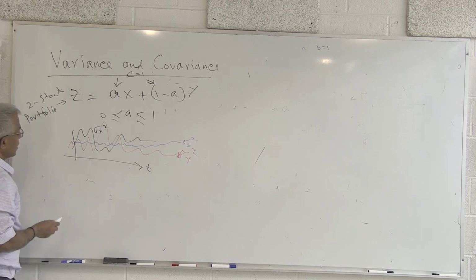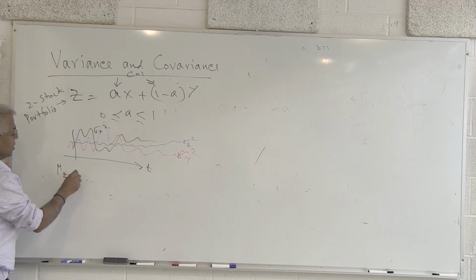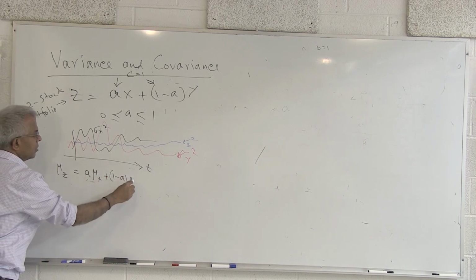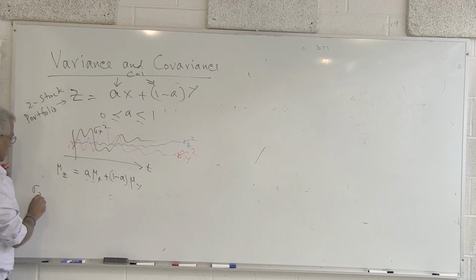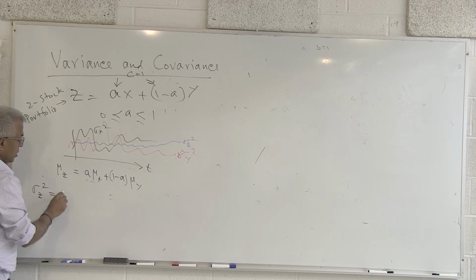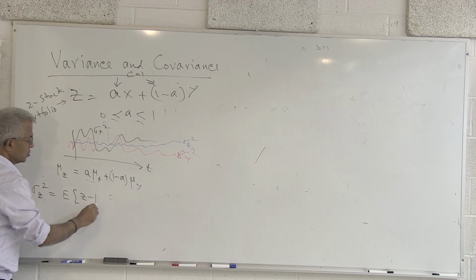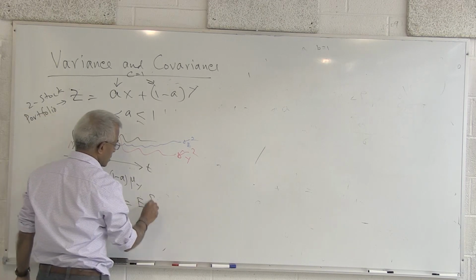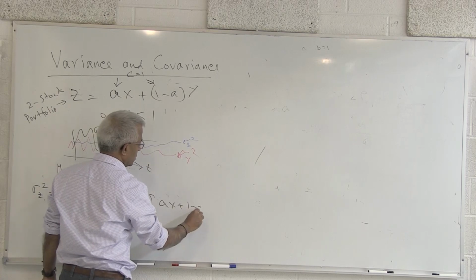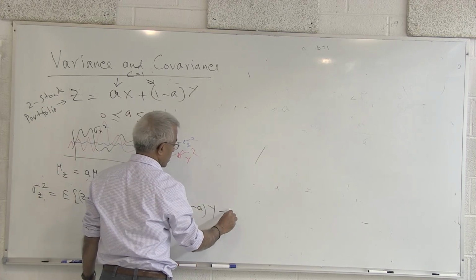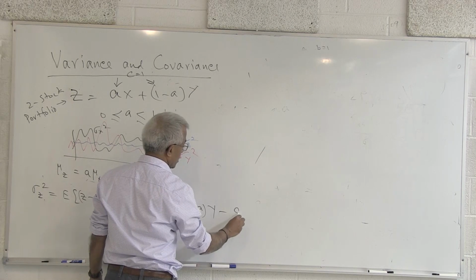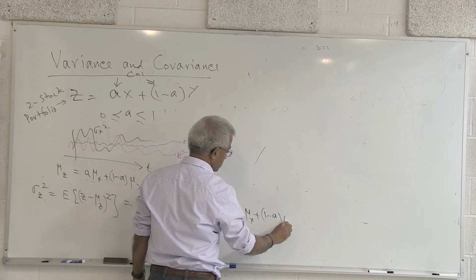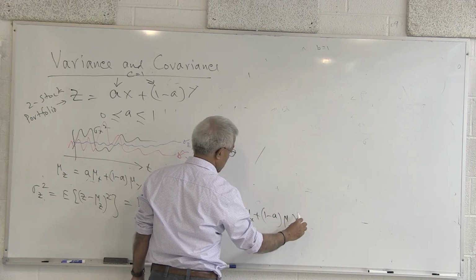So we can use the same idea here also. Mu Z is A mu X plus 1 minus A mu Y. So the variance of Z is the expected value of Z minus mu Z, the whole squared. So if you substitute, this is AX plus 1 minus A times Y, minus A mu X plus 1 minus A mu Y, the whole squared.